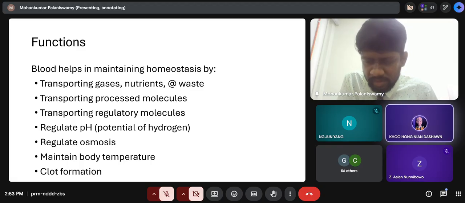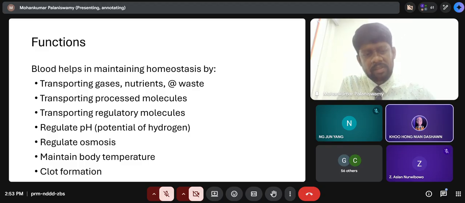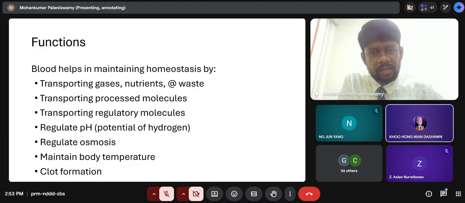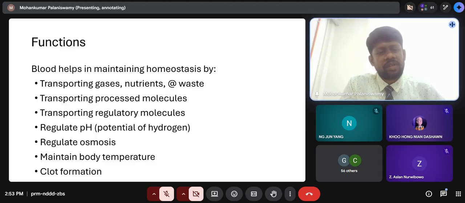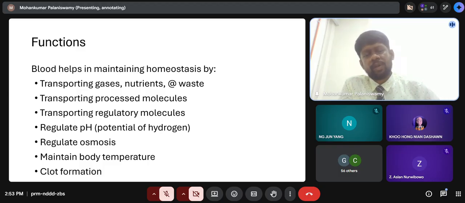Homeostasis is the condition in which our body regulates its temperature to adapt to outside temperatures. Okay, some sort of stability or regularity, to simply put. Anyway, fine. So blood helps in maintaining homeostasis by doing the following functions.